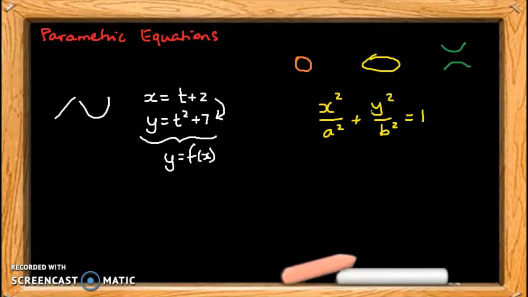The corresponding parametric equations will be something like x equals a cos t and y equals b sine t. They're similar equations to the circle, but you'll notice my a and b appear as the a and the b here. Remember, in both the case of the circle and the ellipse, x and cos have a relationship, and y and sine have a relationship.